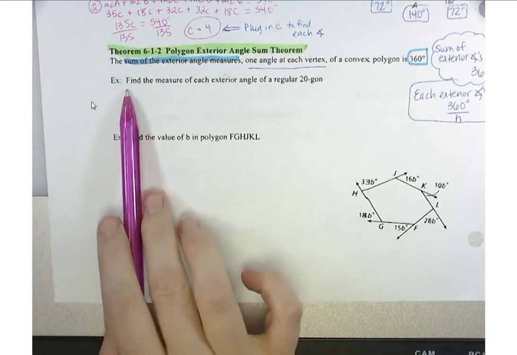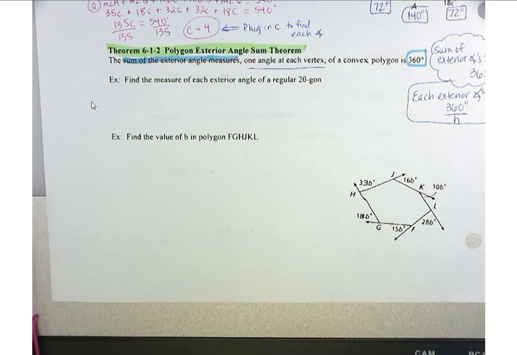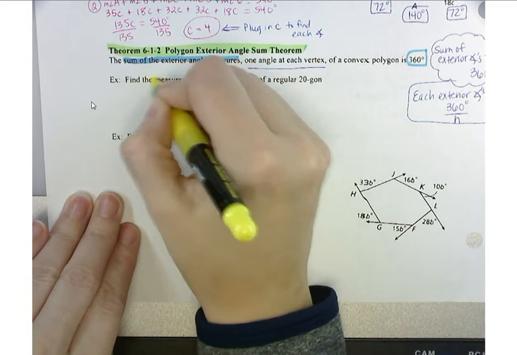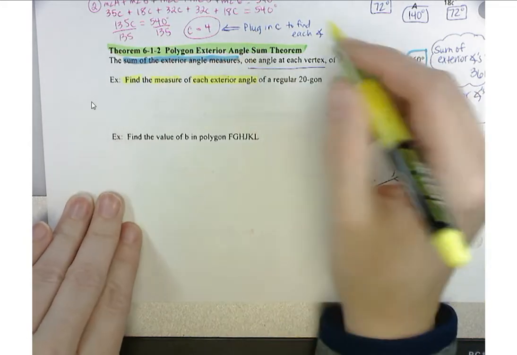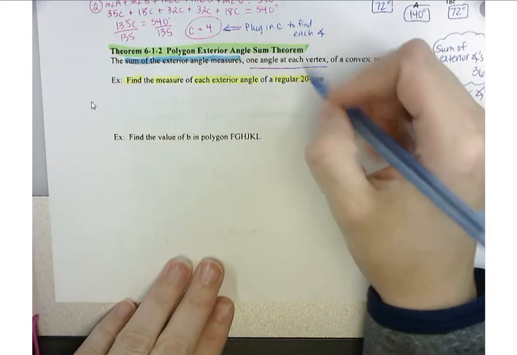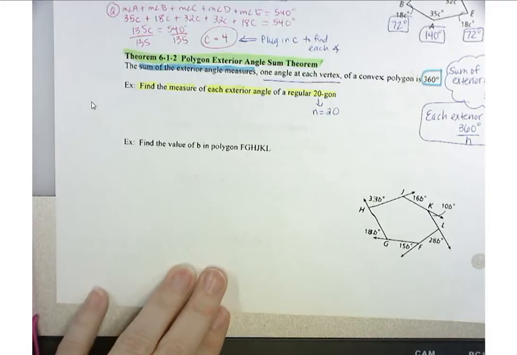So for the first one, you're asked to find the measure of each exterior angle. And it's a regular 20-gon, which means your n is going to be 20.